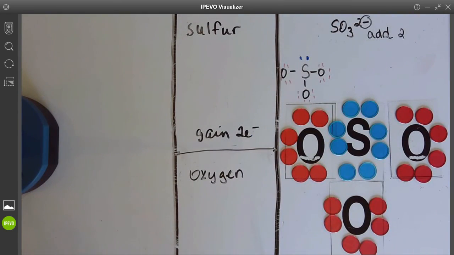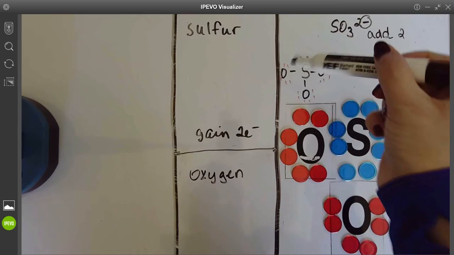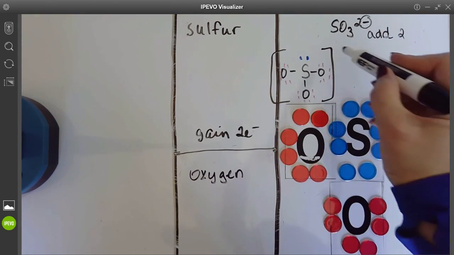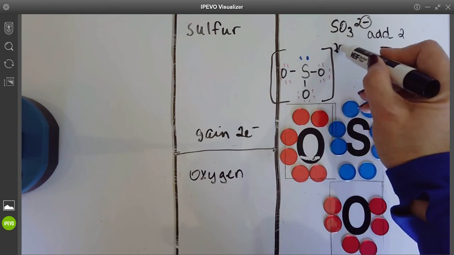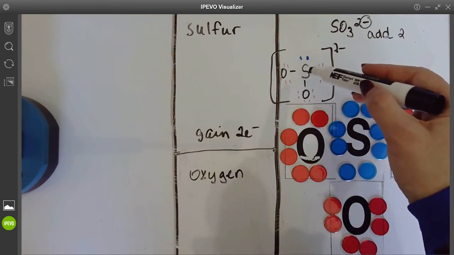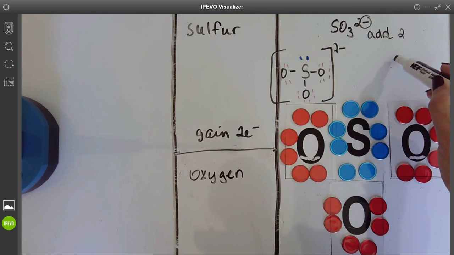Okay. And then remember that since this is a polyatomic ion, you're going to have to put brackets around your structure. And then the charge goes in the upper right-hand corner. And instead of drawing dashes, we can use dots instead.